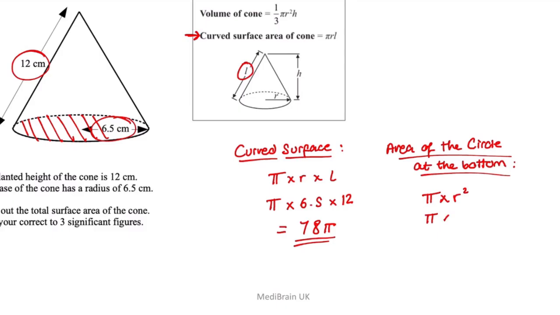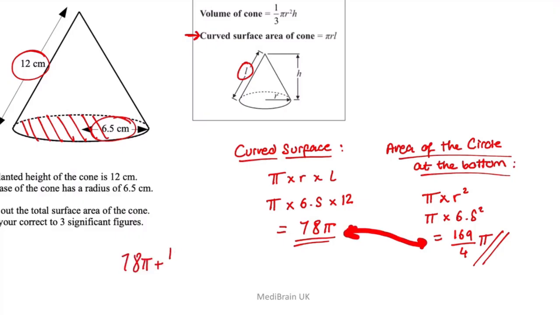The radius is 6.5, so pi times 6.5 squared, and that's going to get you an answer of 169 over 4 pi. I'm going to simplify now. And now all you're going to do is add together these two values: 78 pi add 169 over 4 pi.